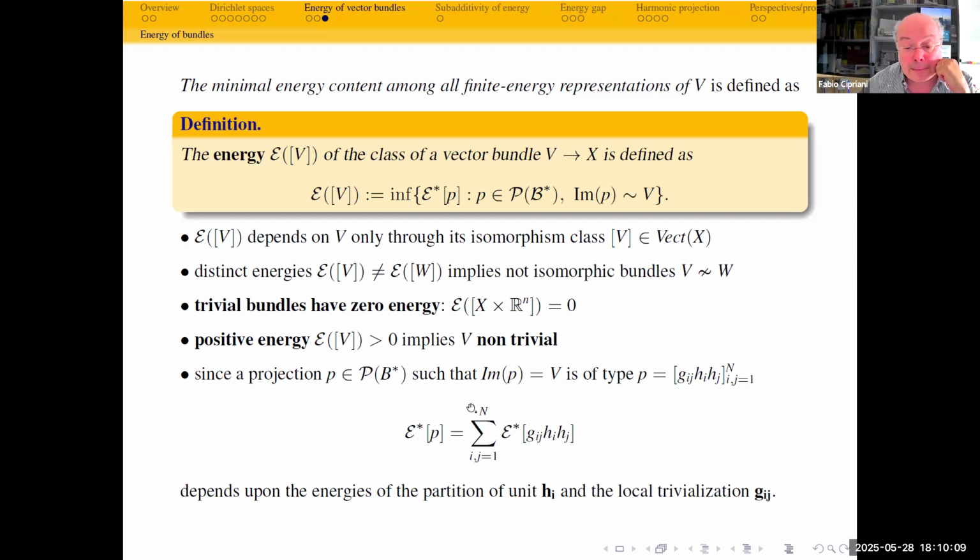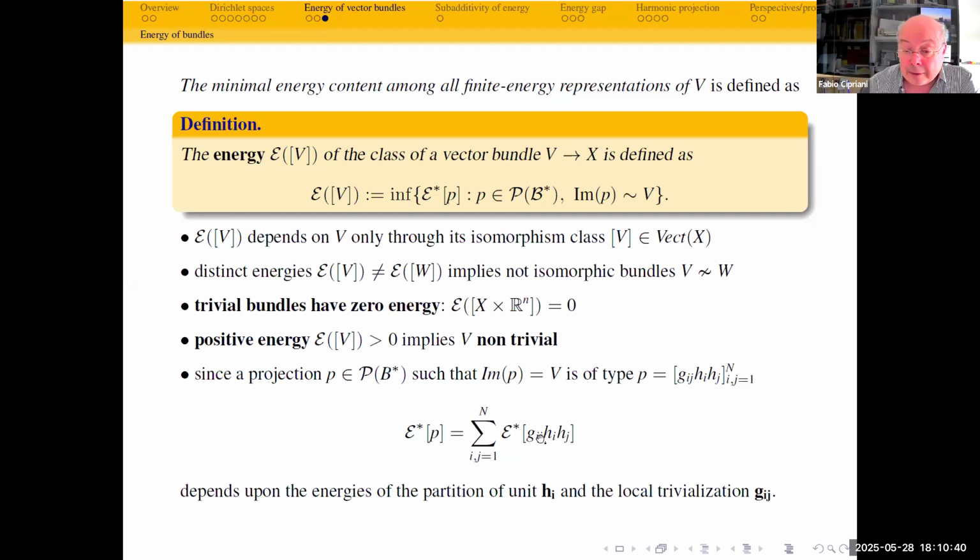So coming back for just a moment to the main points of classical potential theory we started with, we see that the energy of a projection, all in all, is the sum of the energies of these elements g_ij h_i h_j, where the h are the partition of unity and the g are the trivializations.